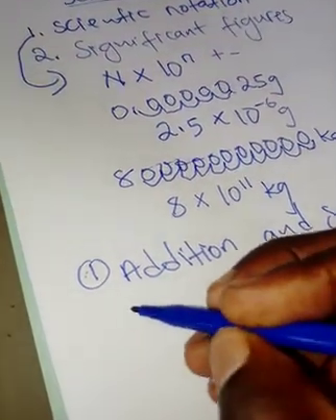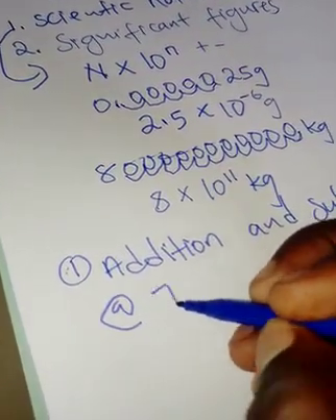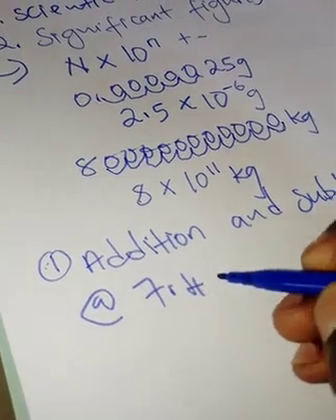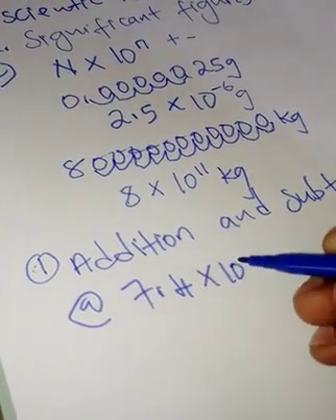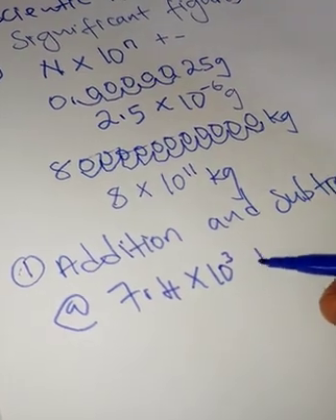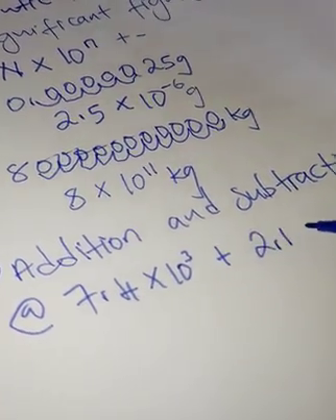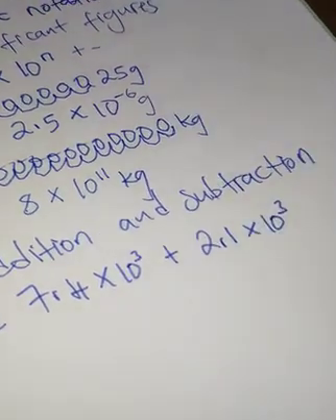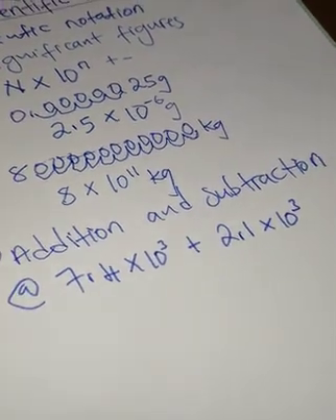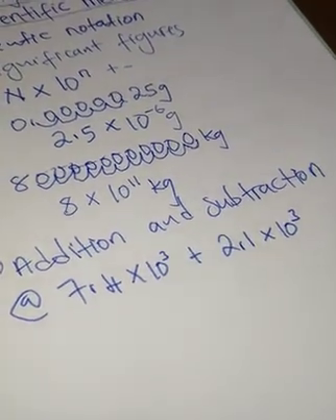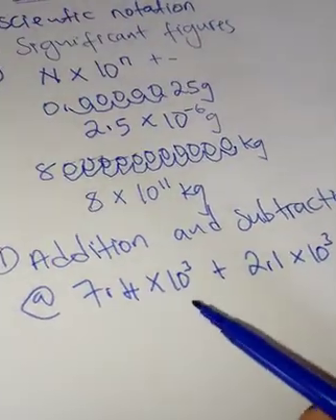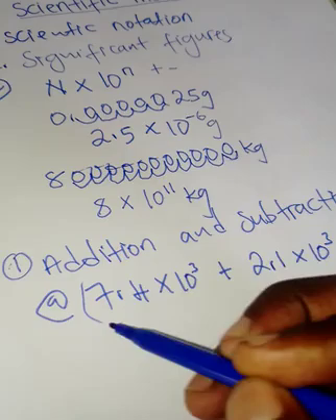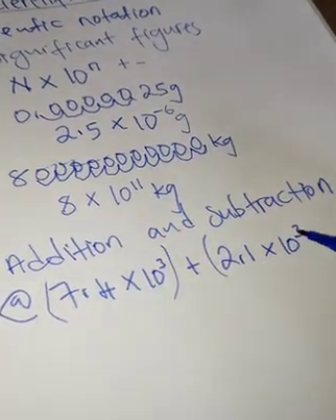For example, let's say we have 7.4 times 10 to the power 3, plus 2.1 times 10 to the power 3. So in handling these numbers in scientific notation, as you can see, we are adding these.